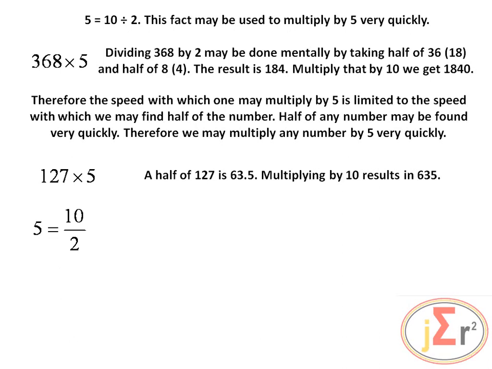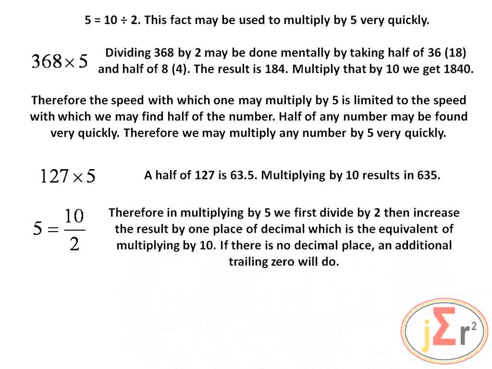And we are demonstrating here that 5 is 10 divided by 2. So any number that we get to multiply by 5, we may either multiply by 10 and then divide by 2, or we may divide by 2 and then multiply by 10, which is what we are opting for under these circumstances.